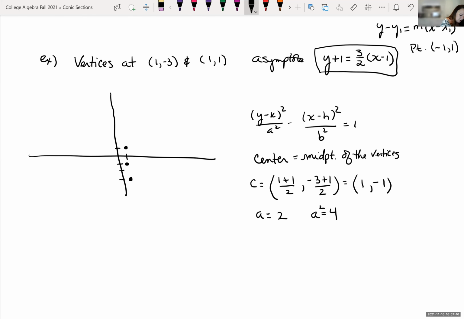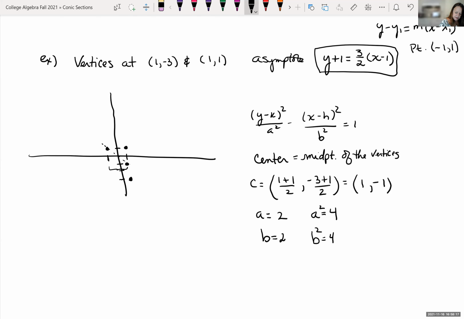So -1, 1 is that point on my asymptote. So if that's the case, then I know that length to get over here has to be my b value. And so my b value in this case is also 2. So b squared is 4.